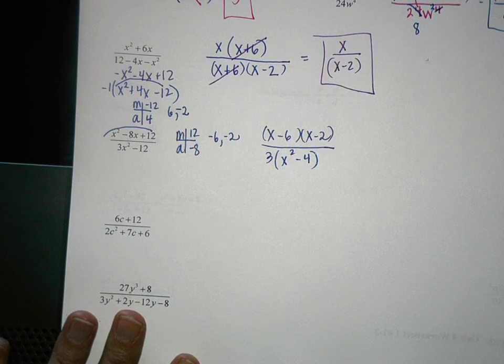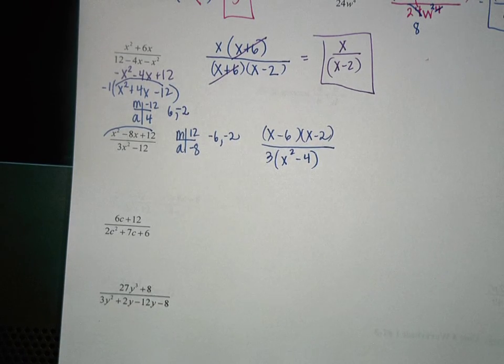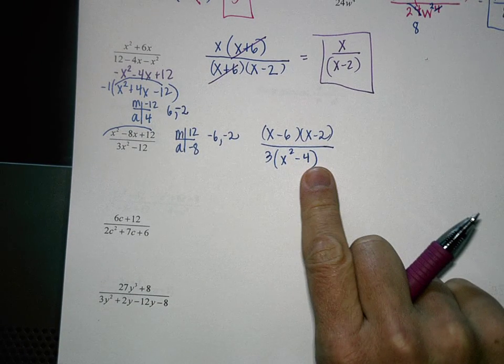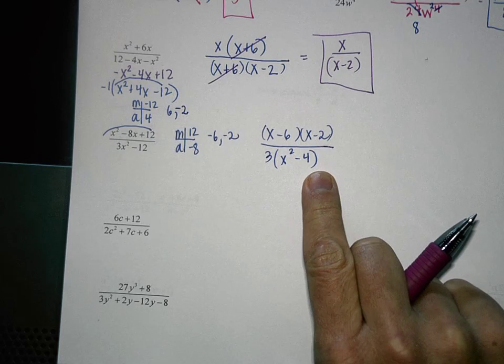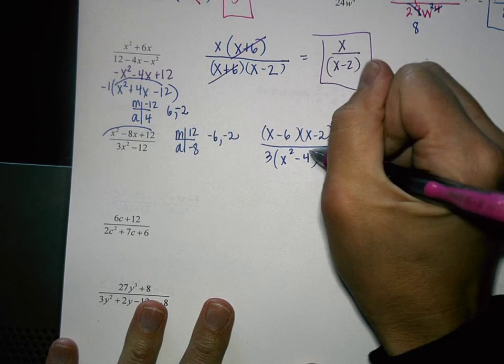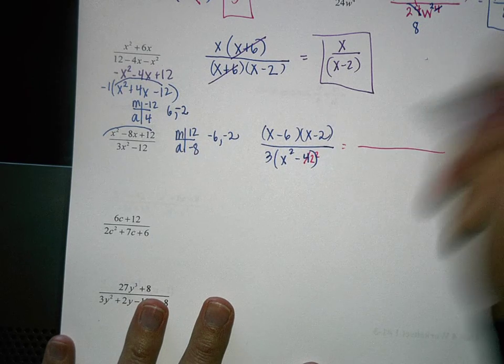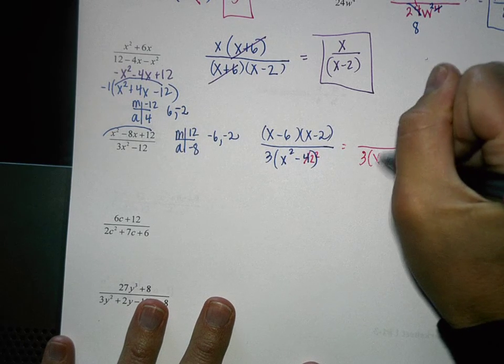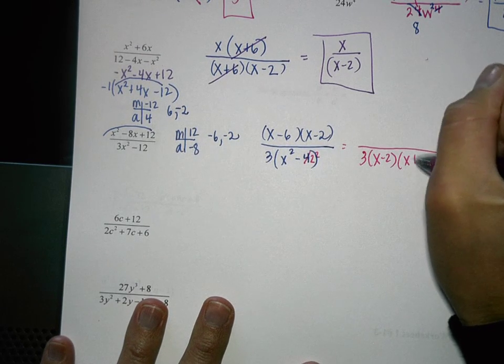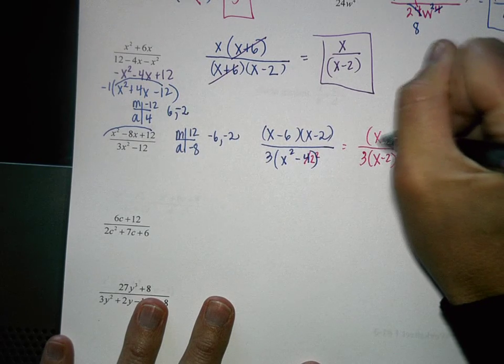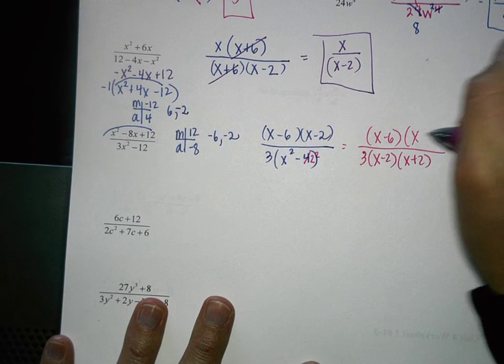Anytime I have an x squared term, I'm going to check to see if I can factor further. This is a difference of squares because 4 is 2 squared. So we can factor that denominator further, and it becomes 3 and x minus 2, x plus 2, and on the top we have x minus 6 and x minus 2.